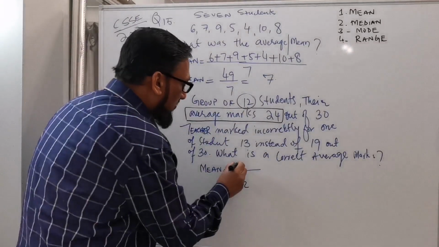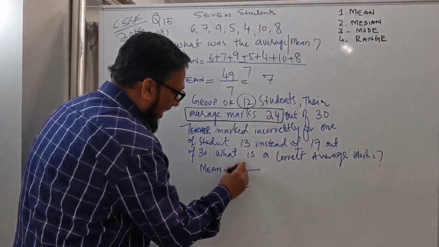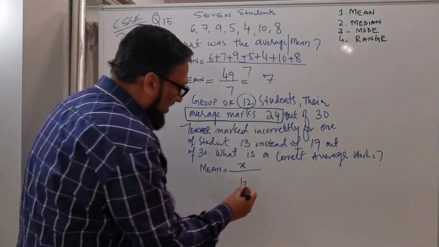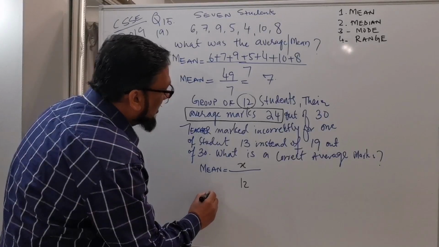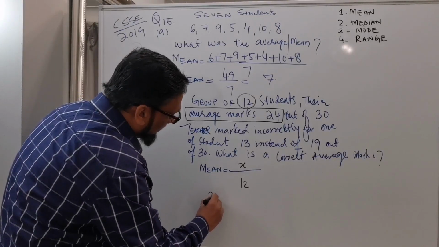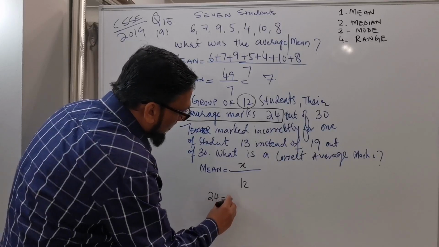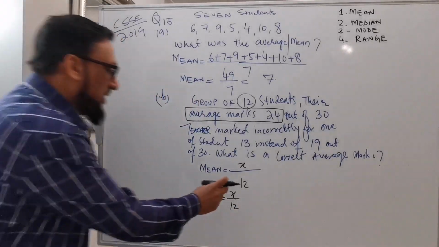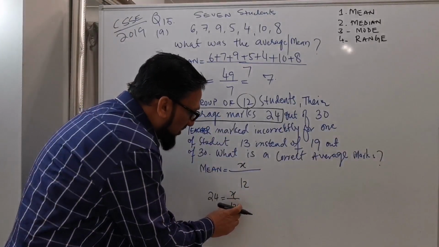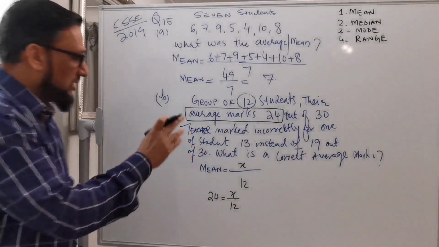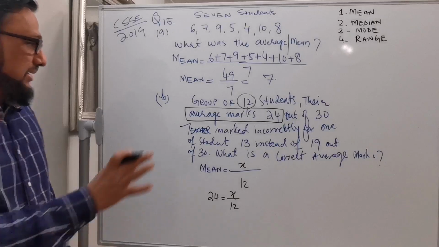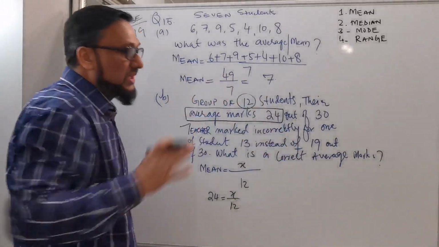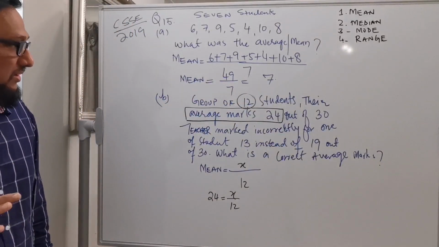So I can write x divided by 12 equals the mean, 24. The sum of the data is unknown, but the number of people is 12 and the average marks is 24, which includes the mark 13 for the one student whom she marked wrongly.